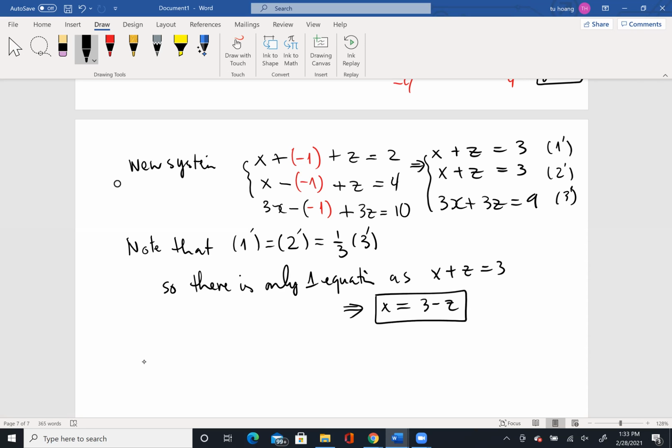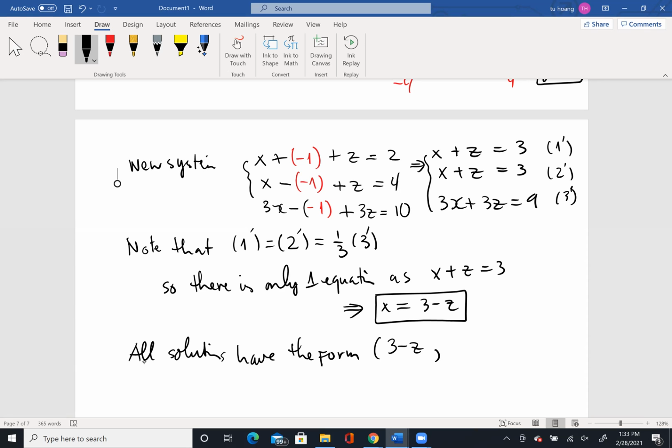So if you want to state the solution, all solutions have the form: x now becomes 3 minus z, okay?